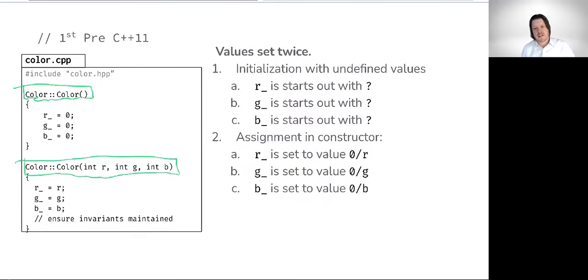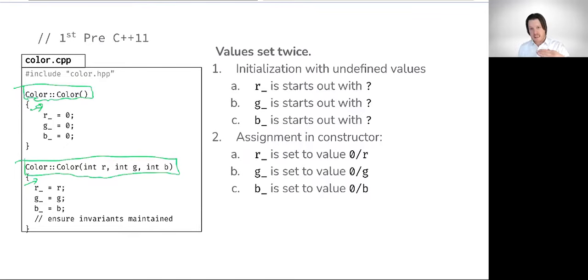In both cases, there's no initialization list. So what that means is that right here and right here, the values of the data members R, G, and B are undefined. We don't know what they start out with. They start out with essentially whatever's left over in the memory region allocated for them.